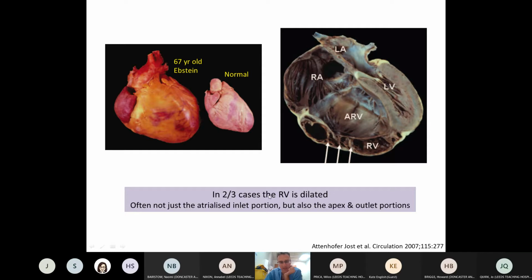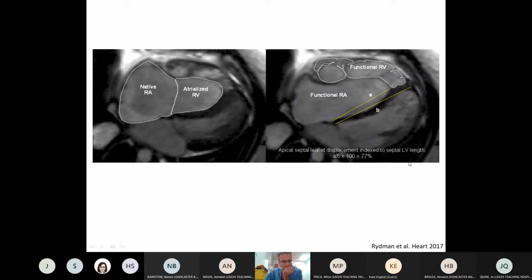And in 2/3 of cases of Ebstein's, the right ventricle is dilated, and that's often not just the atrialized portion, not just this bit, but also the apex and the outlet portions can be dilated as well. So here's an MRI scan just to illustrate that principle of native and functional atria.